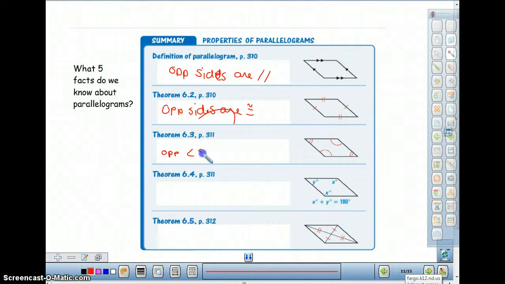Opposite angles are congruent. Okay, this one we're going to use consecutive. So consecutive angles are supplementary. Okay, and this one, the last one, was diagonals bisect each other.